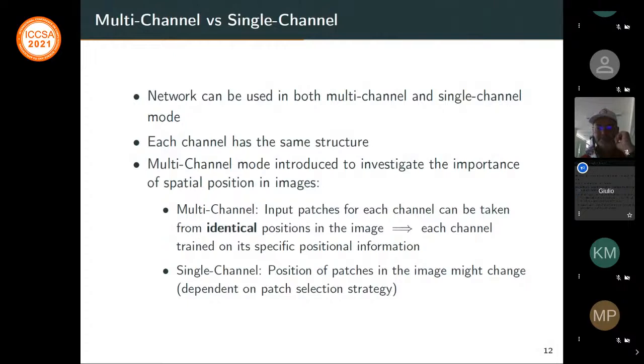So the crops are taken from the same position in the image. So each channel is trained on its specific positional information. And for single channel mode, the position of patches in the images might change. So if you have only one crop, then of course it's the same. But with multiple crops, this channel, so the CNN, is trained with information from different positions.